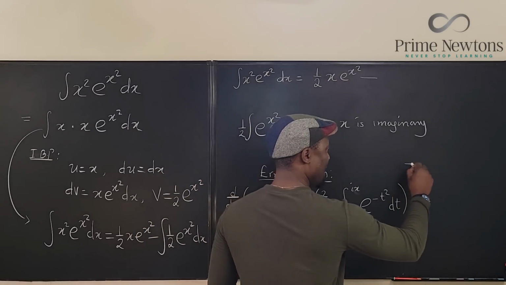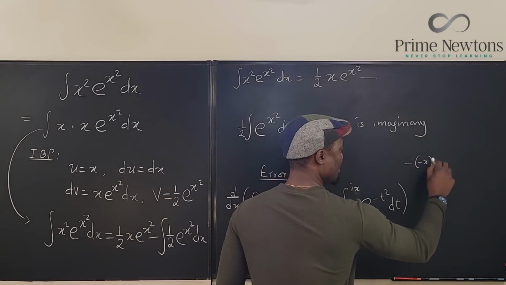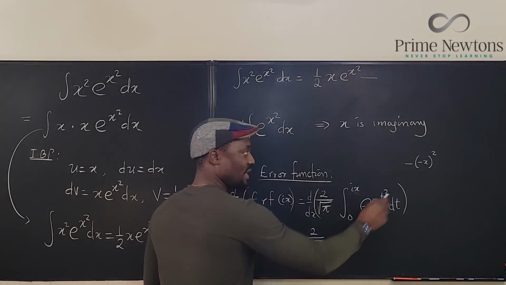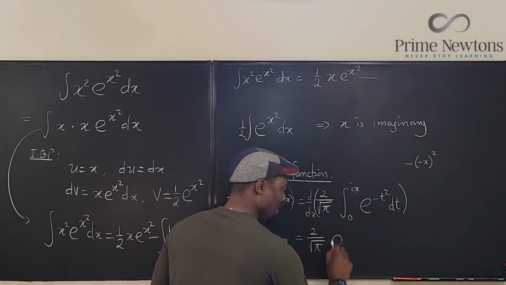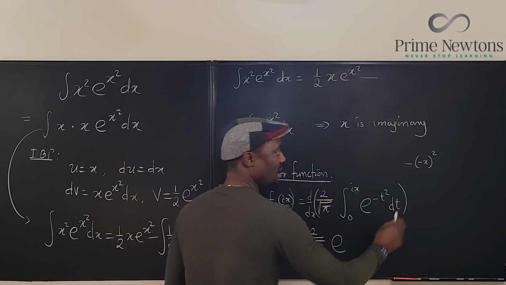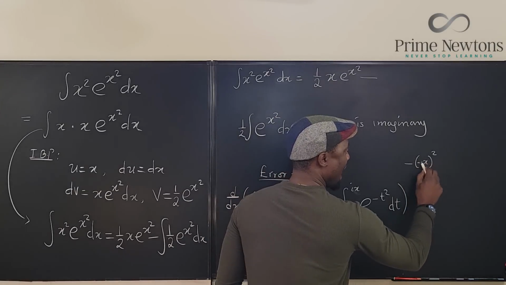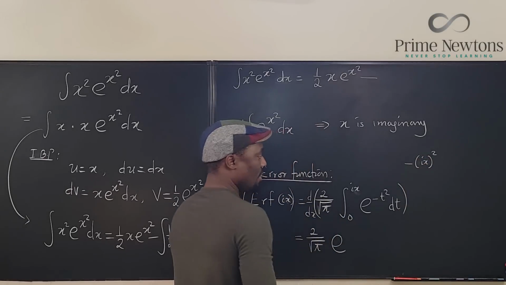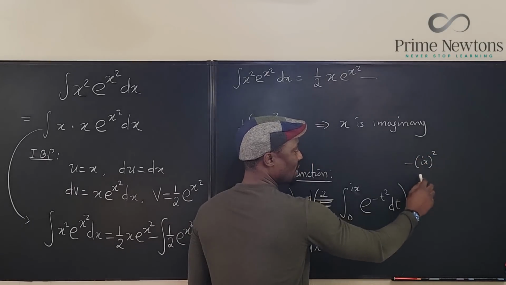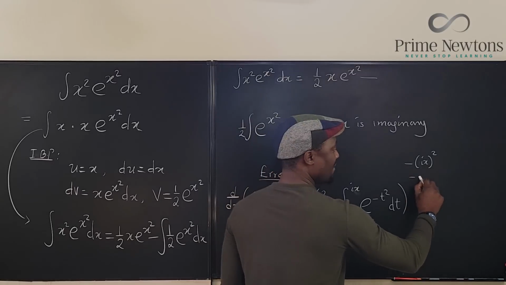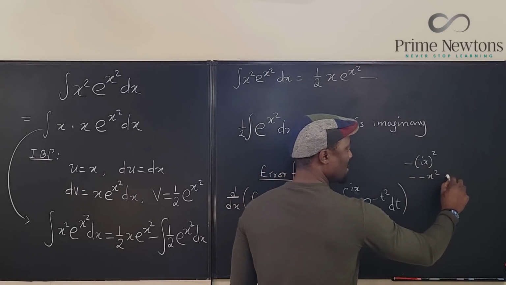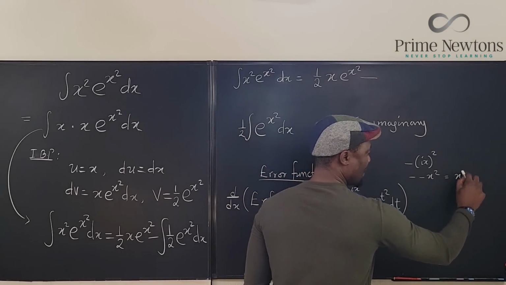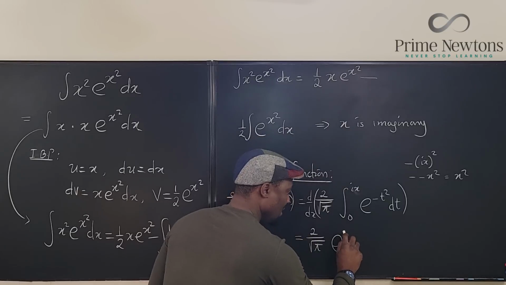You're going to end up with e to the negative ix squared. If you square ix, you're going to get negative x squared. So negative, negative x squared gives you positive x squared. So we can come here and say this is x squared.